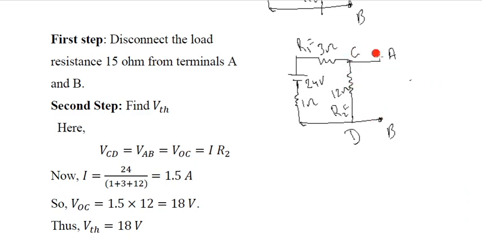The potential difference across AB will be equal to the potential difference across CD. That is why VCD will be equal to VAB, and that will be equal to VOC. VOC means open circuit voltage, and it will be equal to VCD.